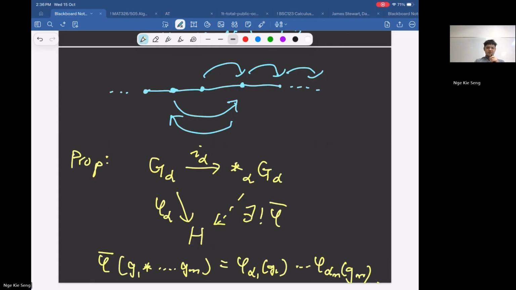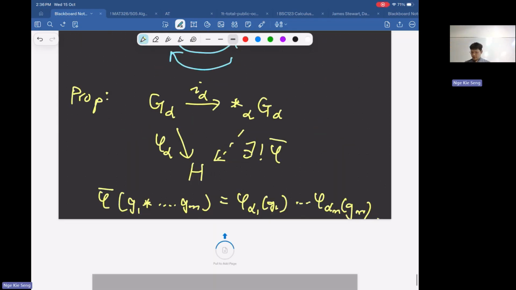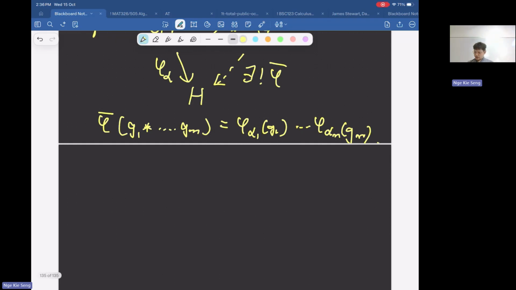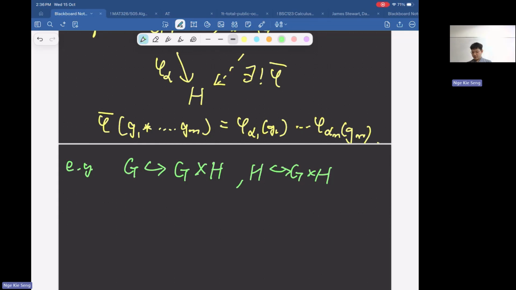One thing you can say is, let's say G is included in G cross H and H is included in G cross H. Given these two inclusions, it implies that there exists a surjective homomorphism from the free product to G cross H. Sorry, I didn't write down the main point here.